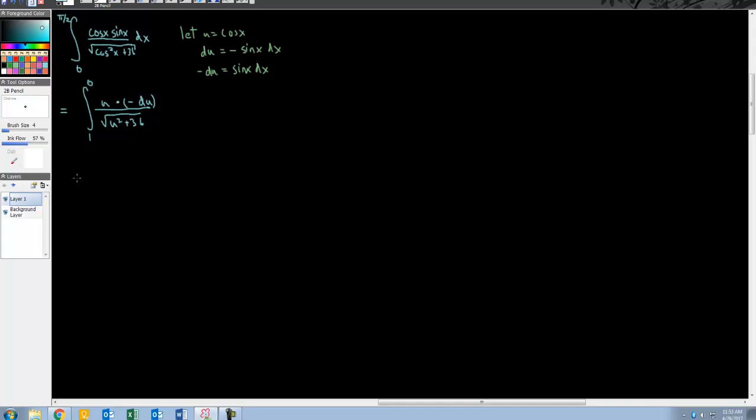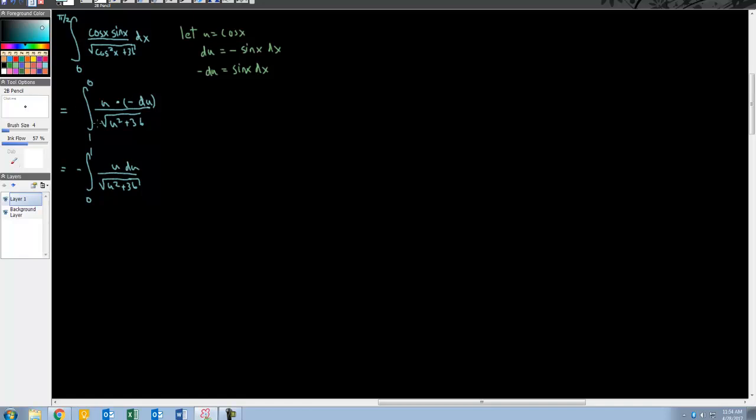Now let's do a little rearranging up here. Let's use that property of definite integrals, which says you can flip the limits of integration, but you have to add a negative sign out front. So now we have 0 to 1 instead of 1 to 0, with a negative sign out front. On the top I have u du, but I have a negative sign.